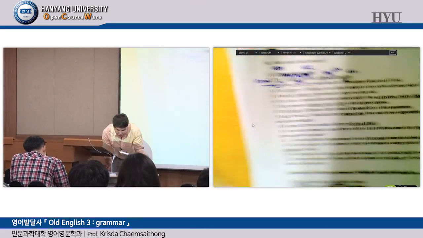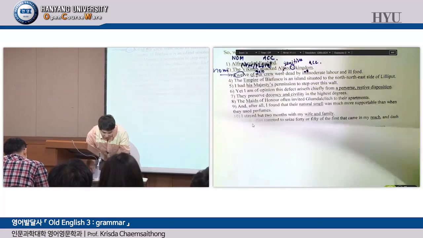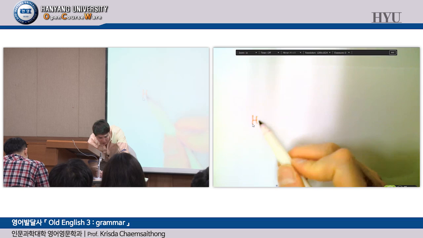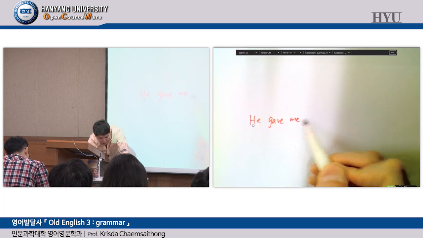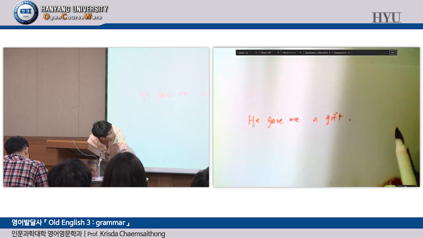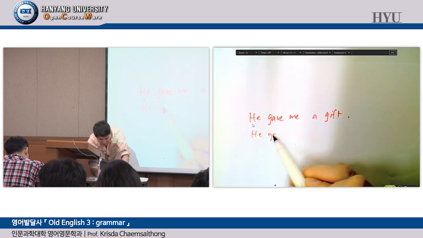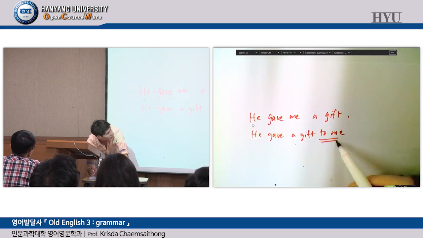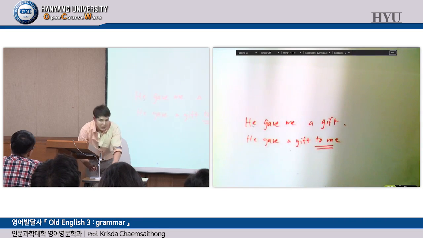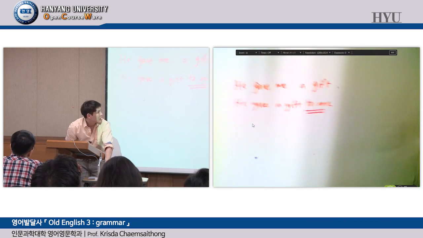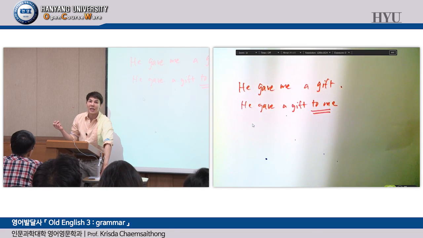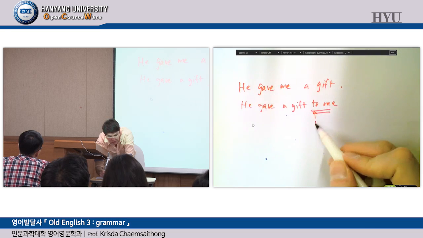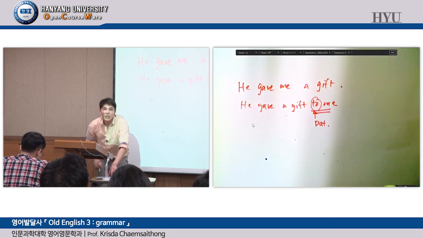You guys be careful when you see this kind of construction. He gave me a gift, or he gave a gift to me. To me, it's clear that to me is the dative case, the indirect object, because there's a preposition here that tells you.